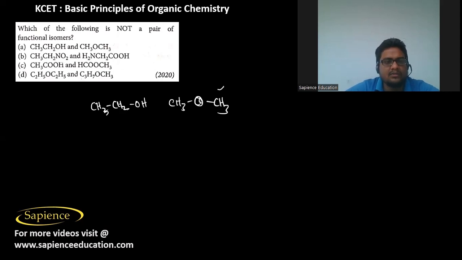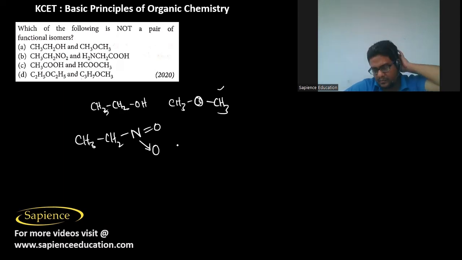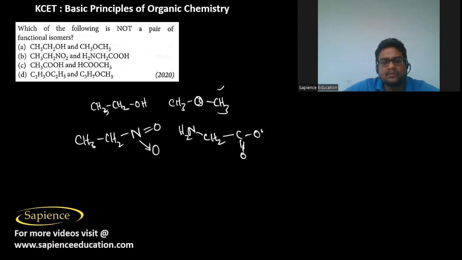And CH3CH2NO2 and CH2NH2COOH, means it is CH3, CH2, NO2, and we have CH2, NH2, and then COOH. So here also they are functional isomers.